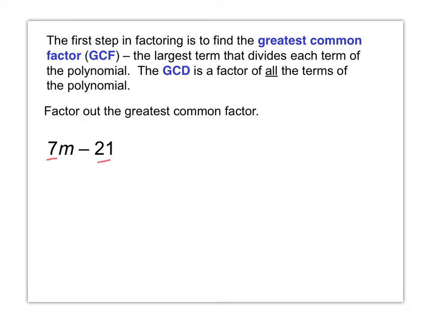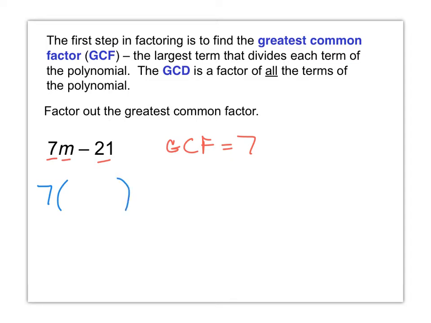The largest number that goes in both of those is 7. So the greatest common factor is a 7. And notice that the first term has an m, but the second term does not have an m. So m is not part of our greatest common factor. We are looking just to factor out what they have in common. In this case it is 7.